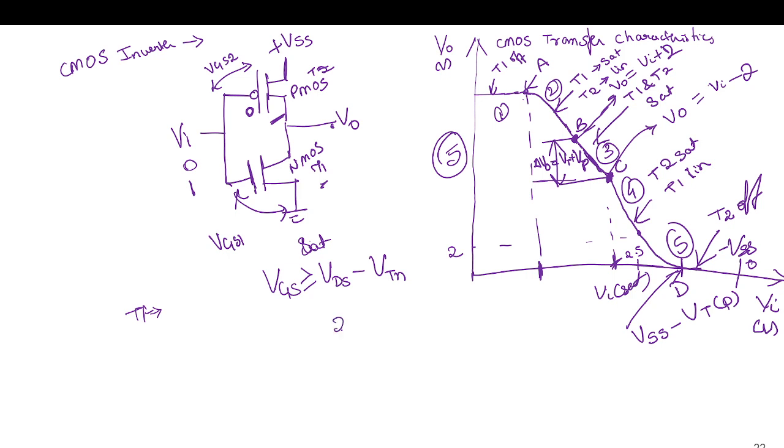So drain is at 2 minus 0 minus VTN is again 2, and my gate is at 2.5 minus this is 0.